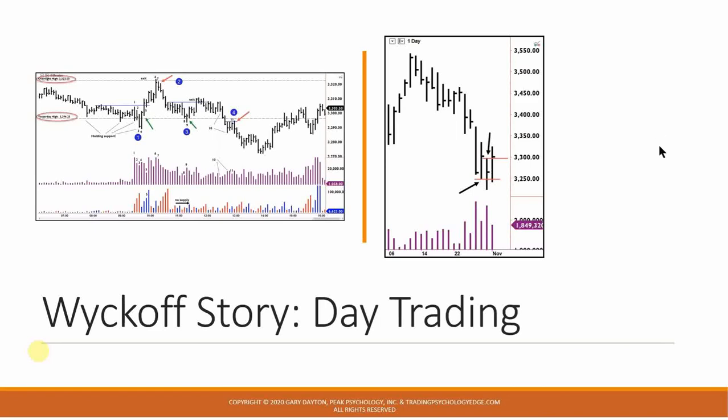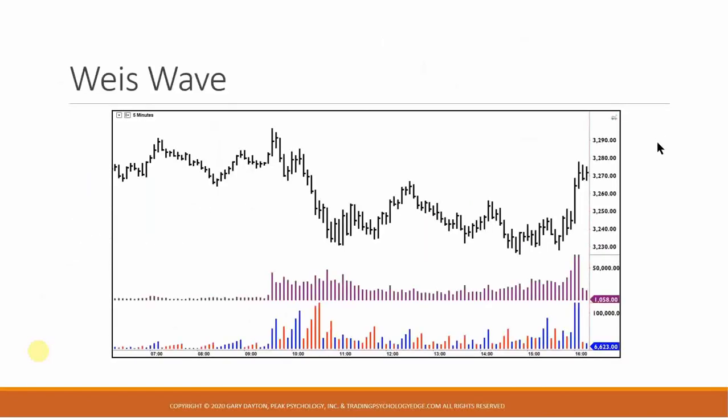Okay. All right. So let's talk a little bit about the Weiss wave. One of the things about the Weiss wave, and there's a chart, you'll see it even better than this, but you can see that in the morning, here's 9:30 when the US session opens. Here's noontime. And then the afternoon, say from about 2:30 on.